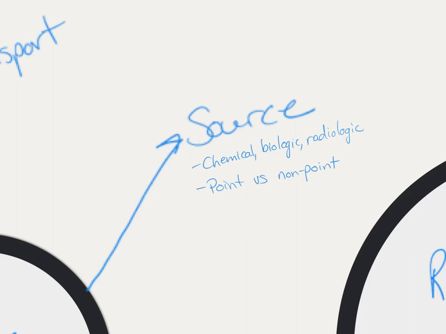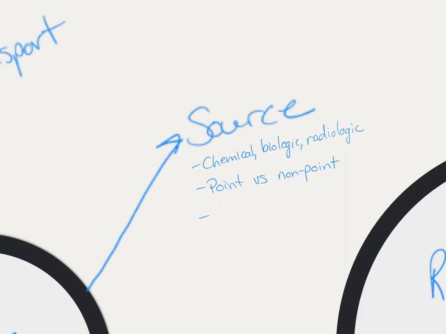Non-point sources are more diffuse, harder to identify a single source. So, in fact, in Los Angeles, most of the air pollution comes from individual cars and brush fires. So there's no single source. It's just the thousands and thousands of tiny sources put together that create that brown, hazy smog that you can see as you're flying into the LA airport.